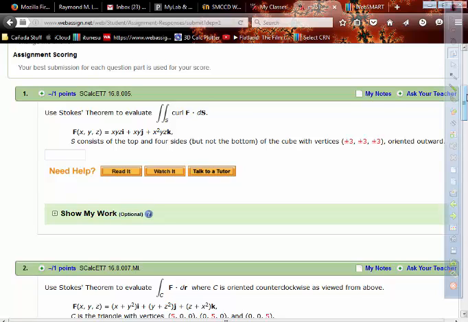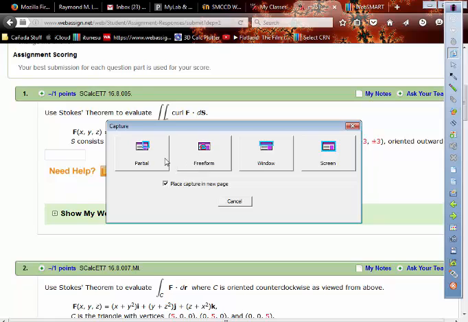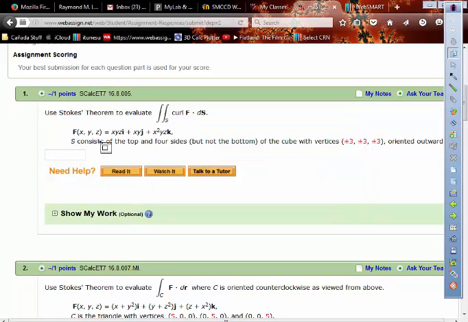Let's try to do the first one. I don't know if I want to do this one. Oh well. Let's do it.